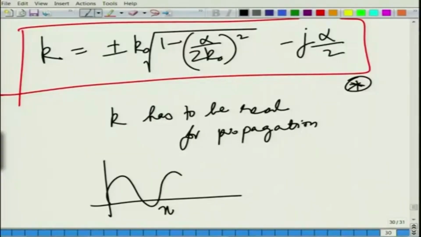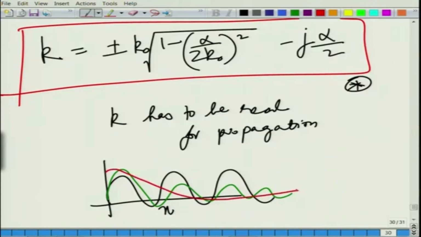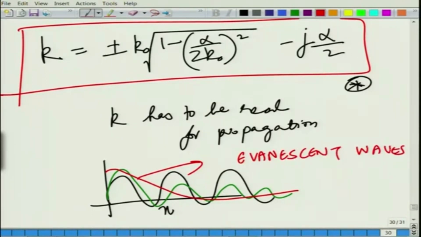So, if you have a space coordinate like this, you can have a solution like this, or you may have a solution like a decaying wave, but then there are solutions which do not propagate at all, which just simply decay. So, we are interested in this one here. Such a thing is called evanescent waves, or at least waves which decay much faster in comparison to the other dominant term, they do not propagate at all. So, why am I telling you about all this now?